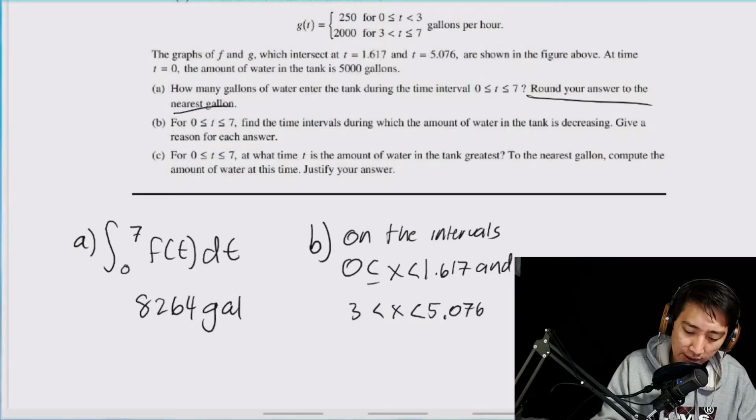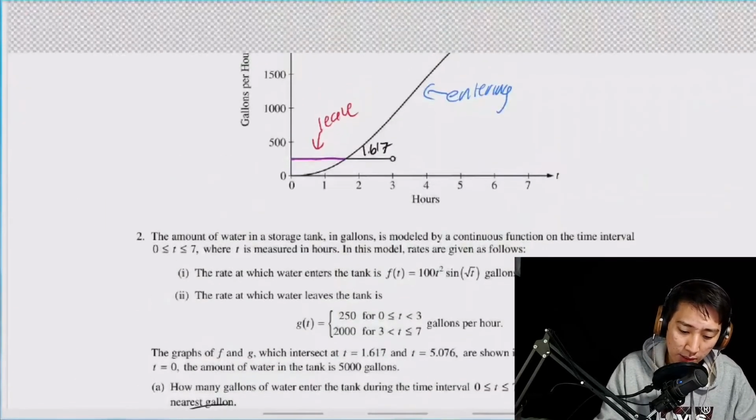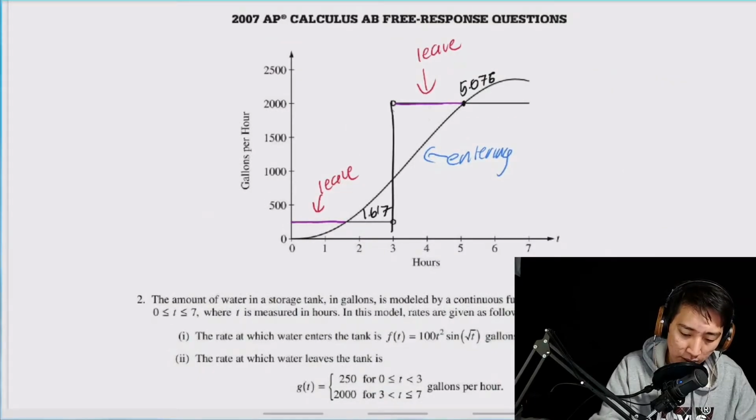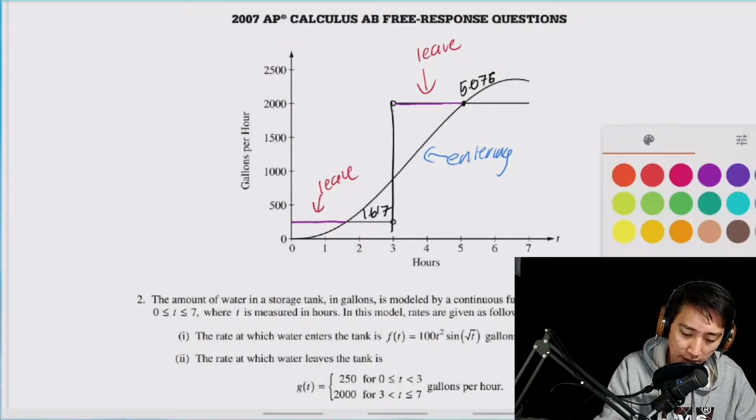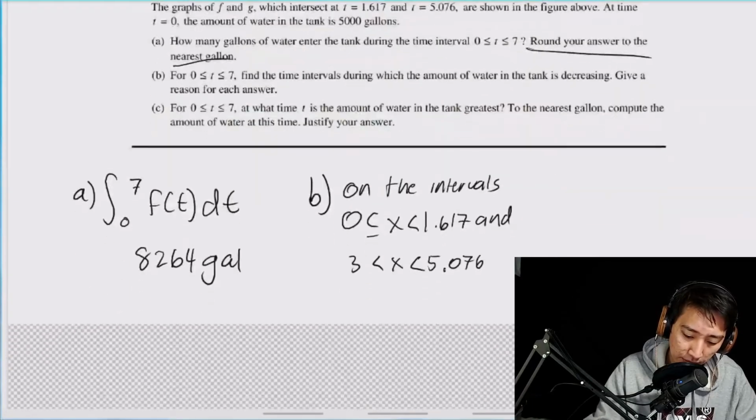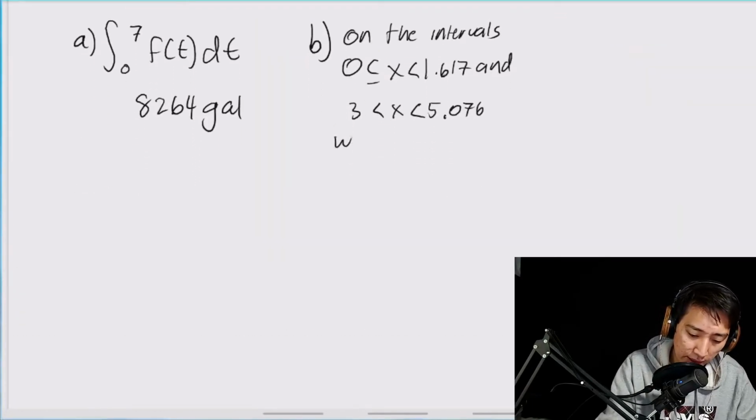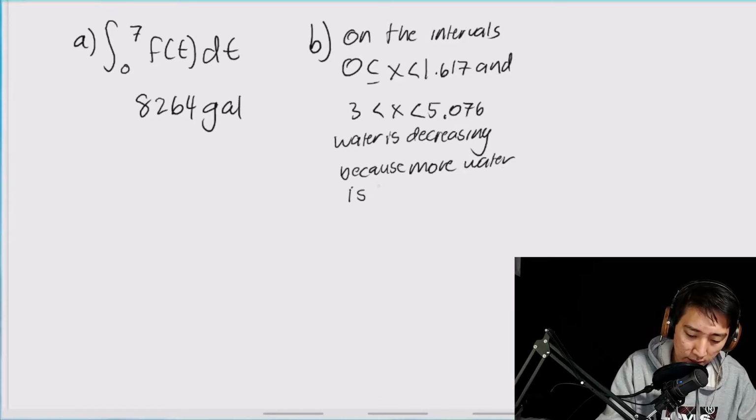And the reason why is from here, which was given as 3, when it switched, all the way to here, water is decreasing because more water is leaving than entering.